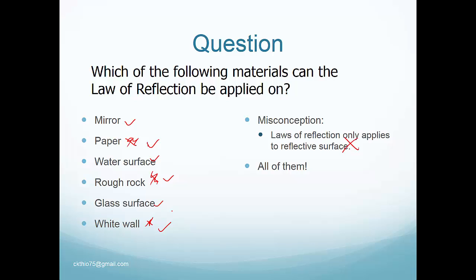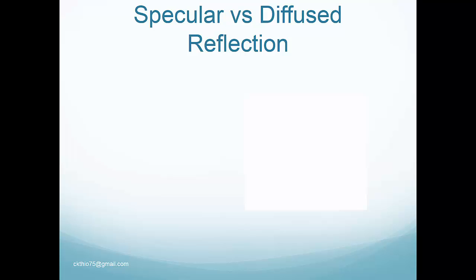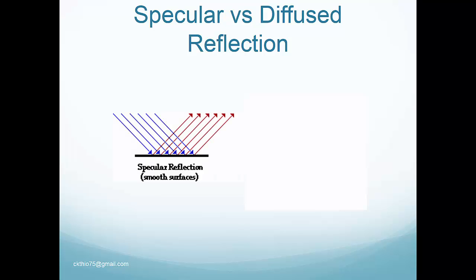Okay, but why is it that mirror, water surface, and glass surface reflect light, or you can see an image within the surface? The reason is very simple: the surface is very, very smooth. So specular reflection means that every light ray as it strikes the surface behaves in a similar manner, because the surface is very smooth.